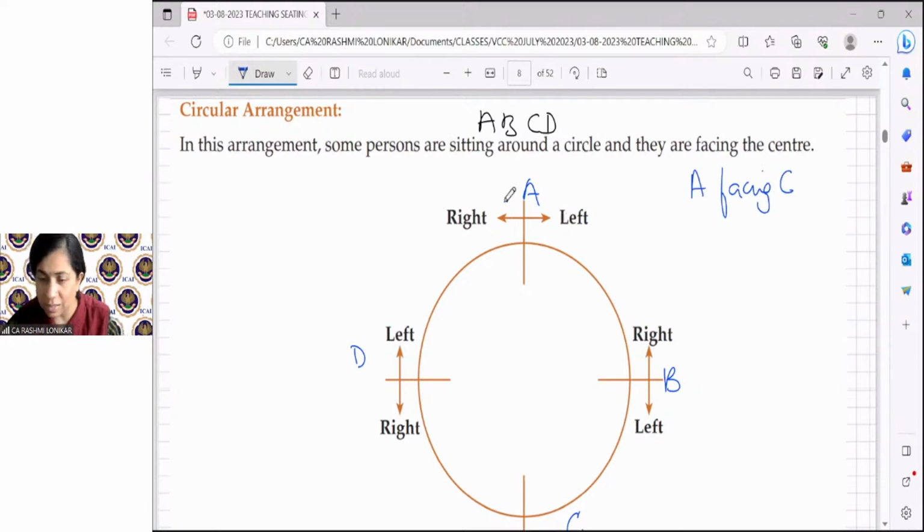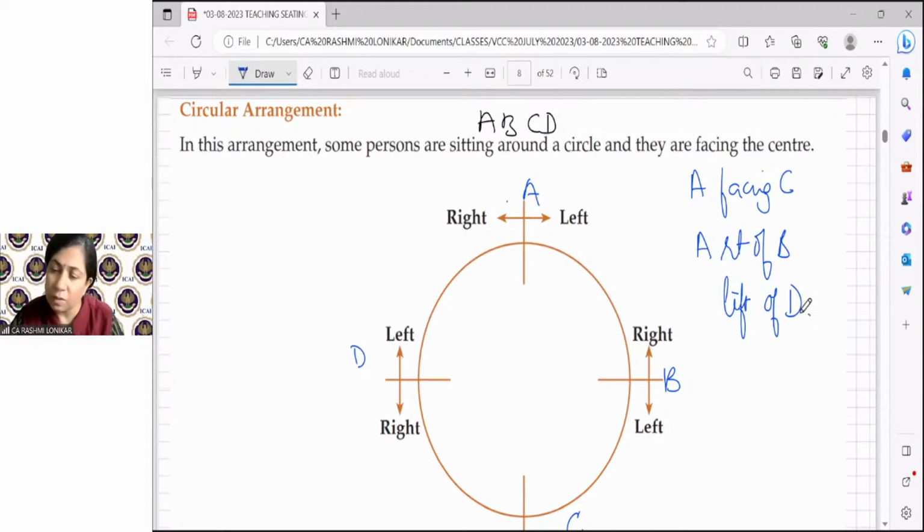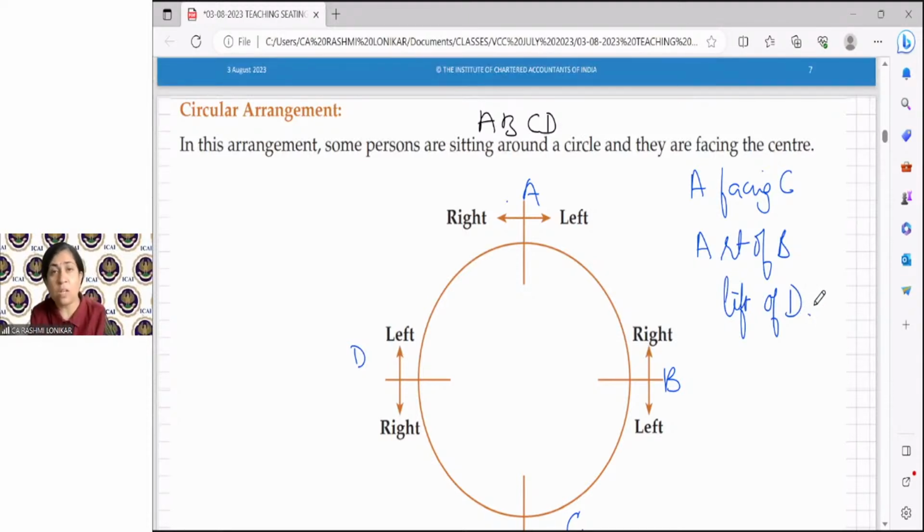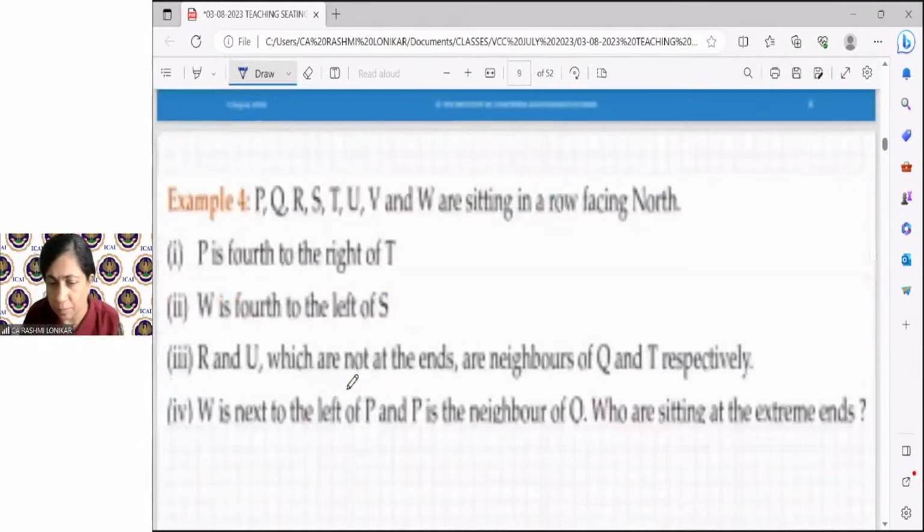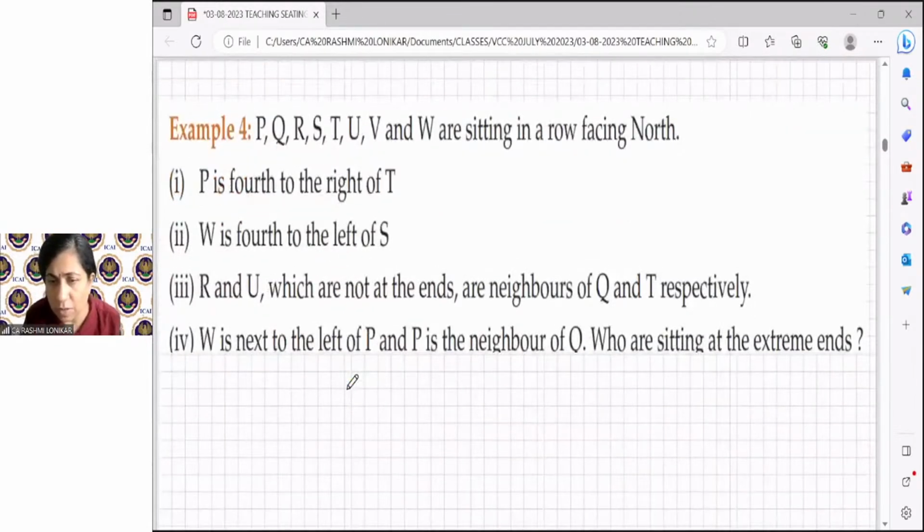A is facing C. A is to the right of B. Or A is to the left of D. So all these sentences you can have, and then you will have to see what is asked in the question and answer accordingly. Now let us go to the first sum that we have.